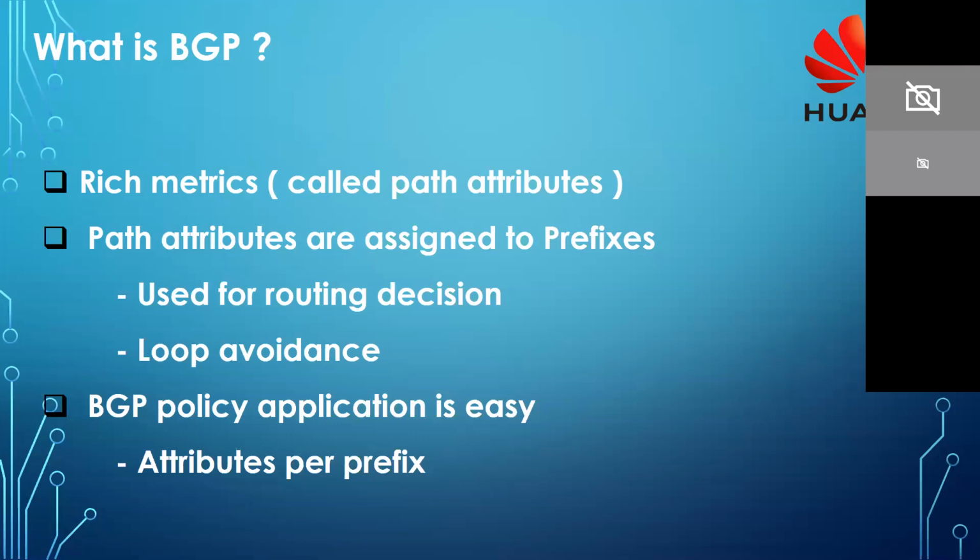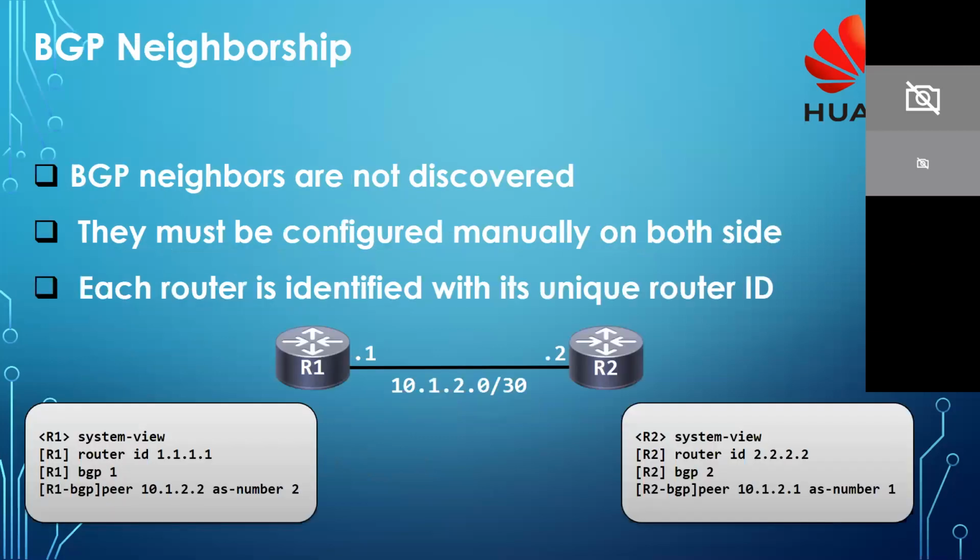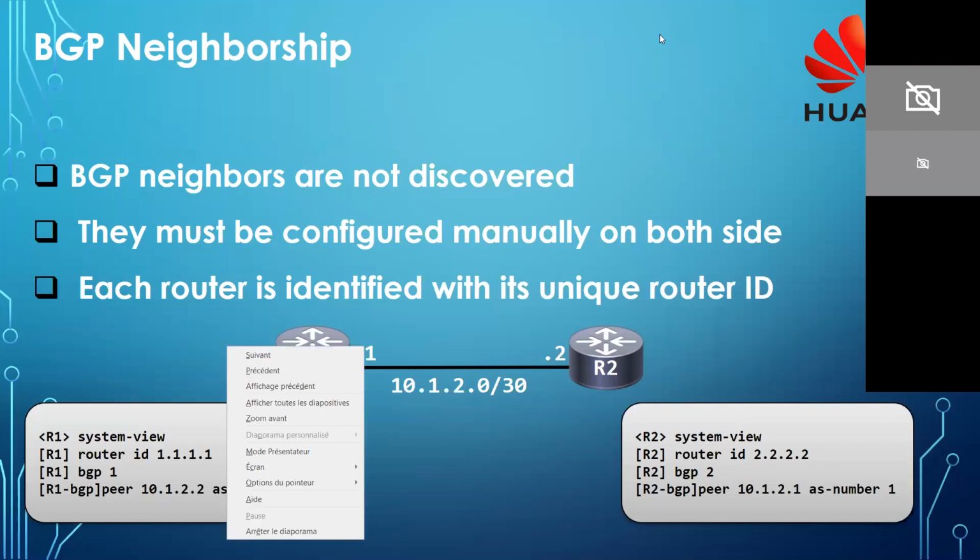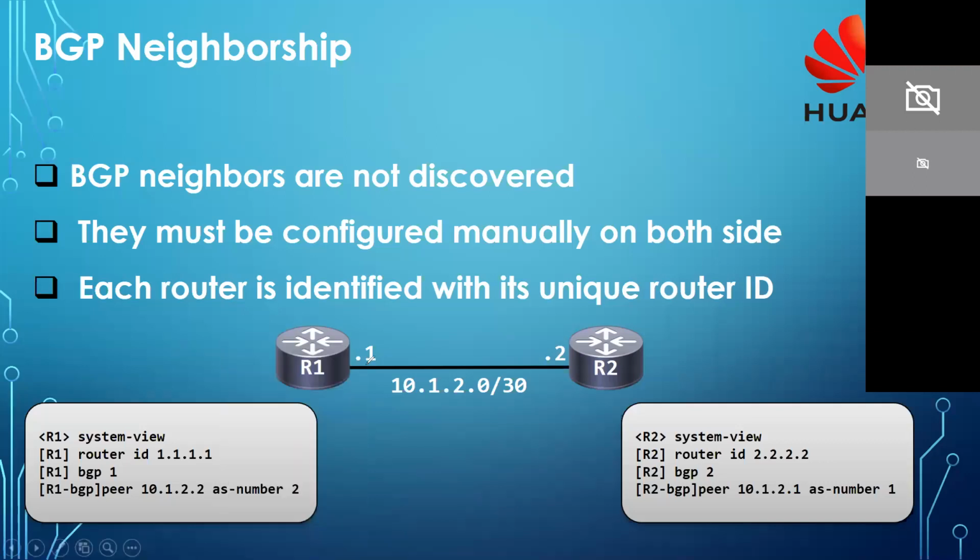Like OSPF or most IGPs, BGP needs to establish a neighbor relationship. But in an IGP in general, to establish a neighbor relationship between two routers, you enable the protocol on the two interfaces, the protocol exchanges some hello packets, and the neighborship goes up directly.